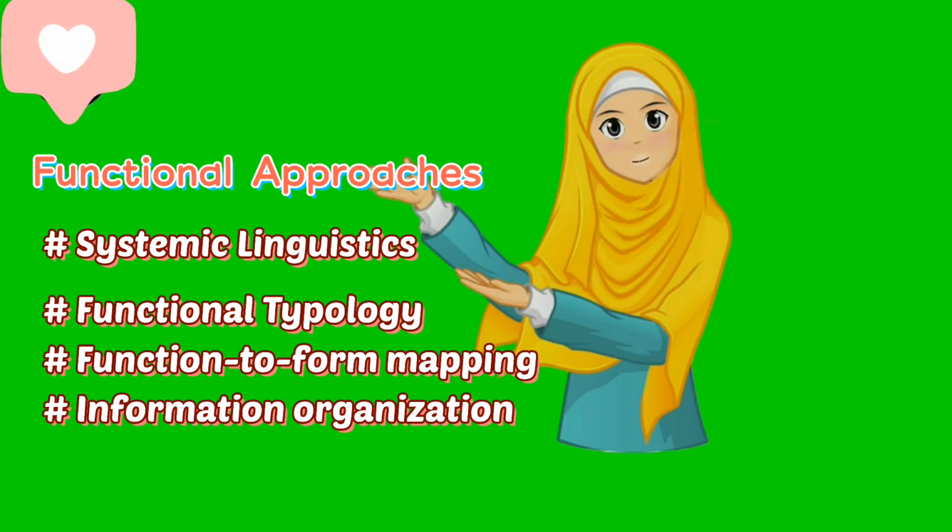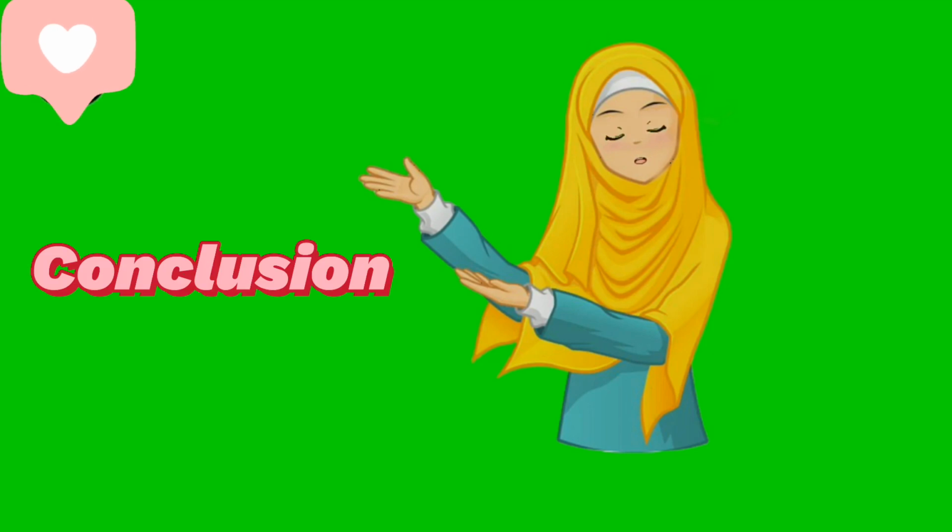And the last one, information organization. Information organization refers to functional approaches which focus on inherent structure, or the way in which learners put their words together. From Klein and Perdue, 1993.